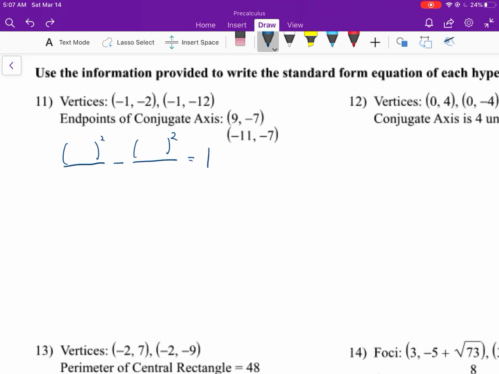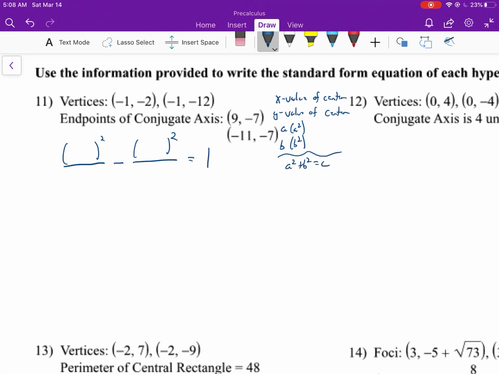So remember, we want four things here. We want the x value of the center, the y value of the center, a, or a squared, and we want b, because we need to know b squared, and we remember the equation, we might need to use a squared plus b squared equals c squared.